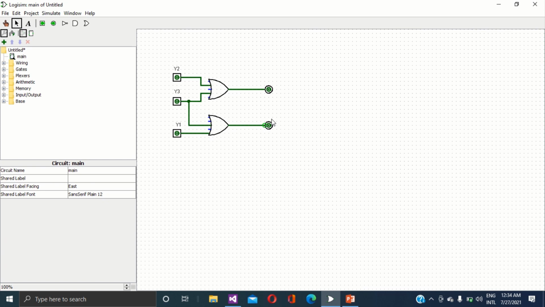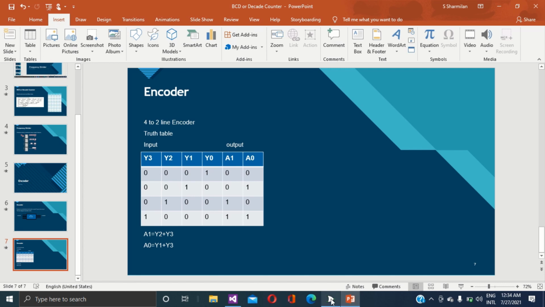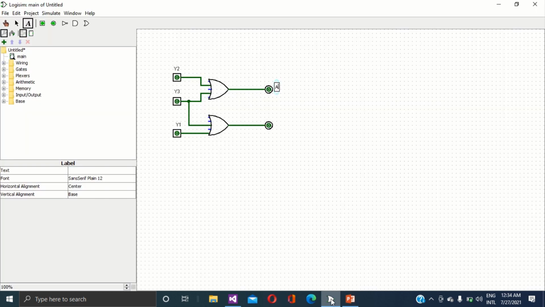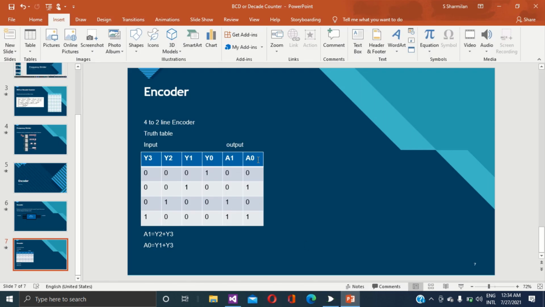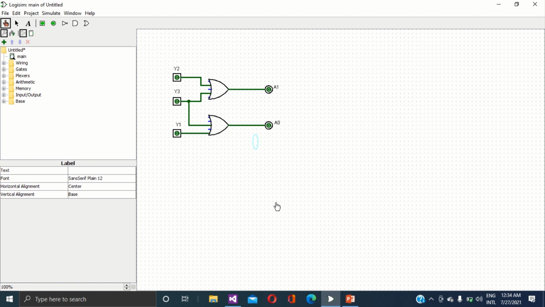And I am going to initialize the outputs. This is A1, this is A0. This is my logic diagram for this truth table. That means the 4 to 2 line encoder truth table.